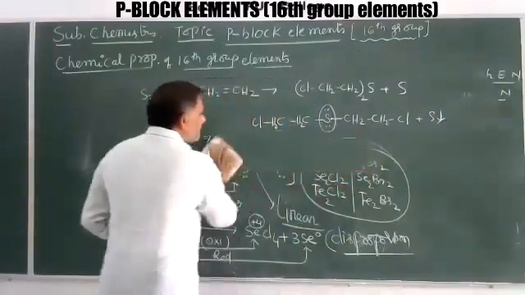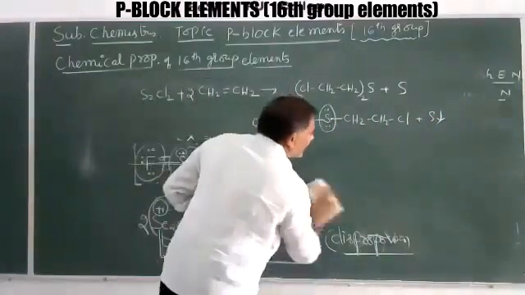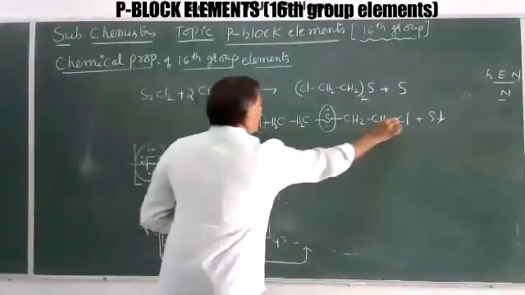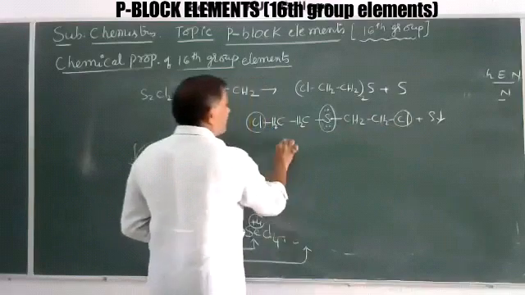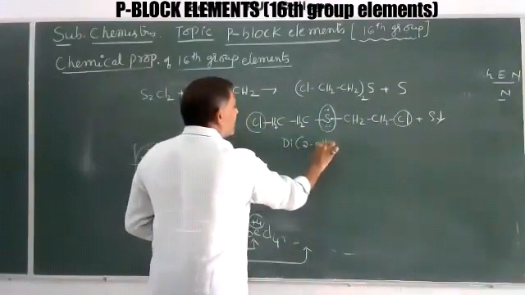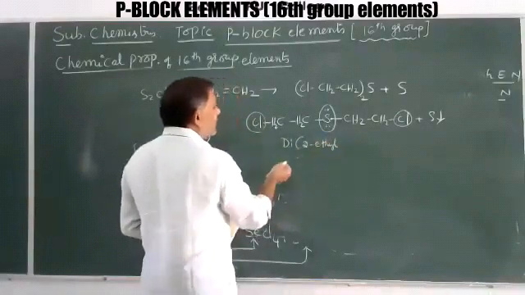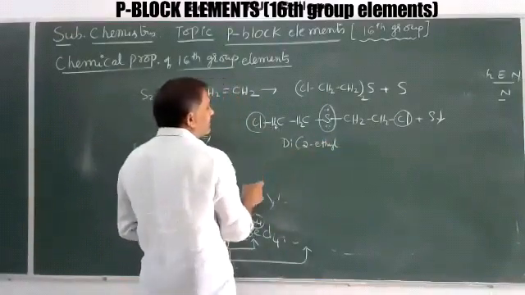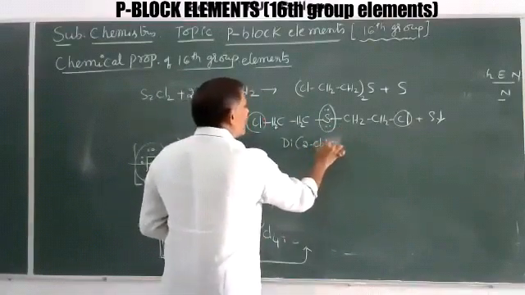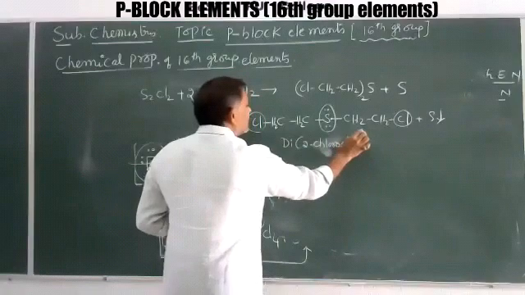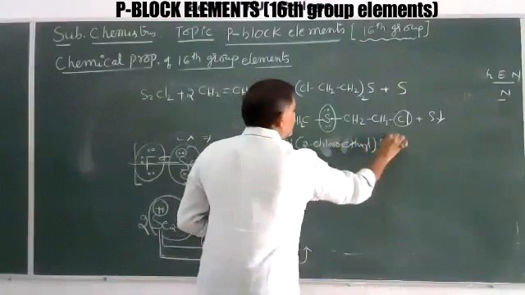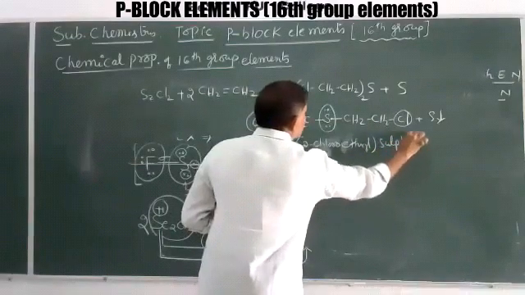Now in this compound 2 chlorine atoms are there, di. That's why we take di, bracket 2-chloroethyl sulfide.